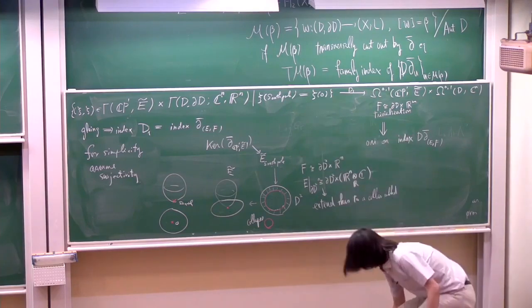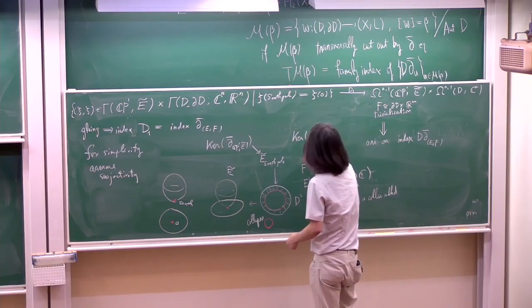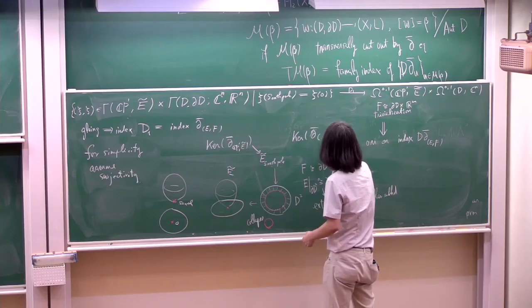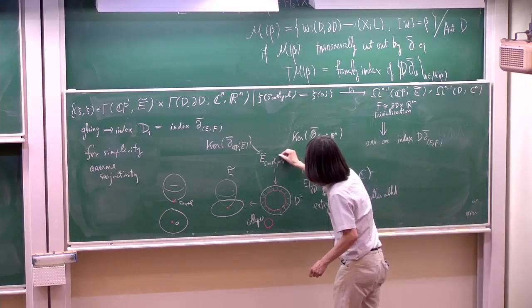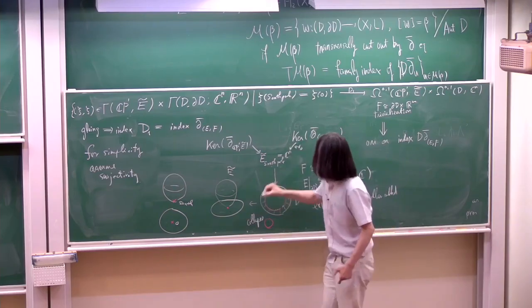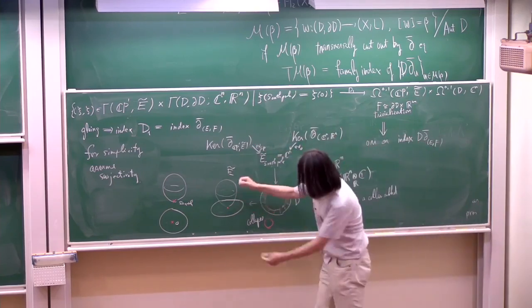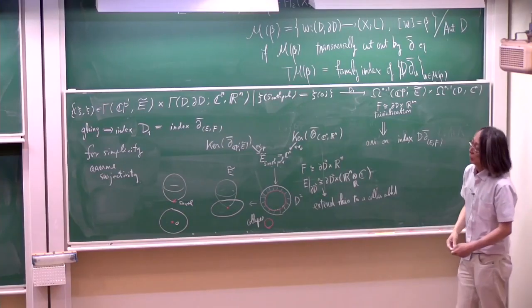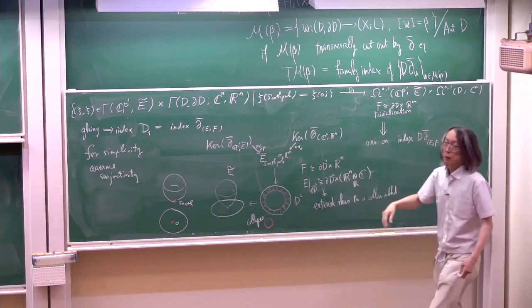And from the other side, I have the kernel of the D-bar operator on this Cn and Rn, and I can also map it to here, but this one I can identify with Cn. So these both are evaluation maps at the central point and evaluation at the south pole, and these fibers are identified, so the kernel of this thing is nothing but a fiber product of this.